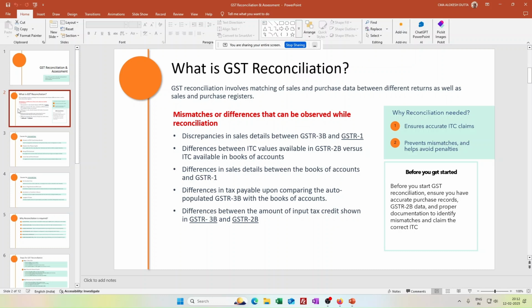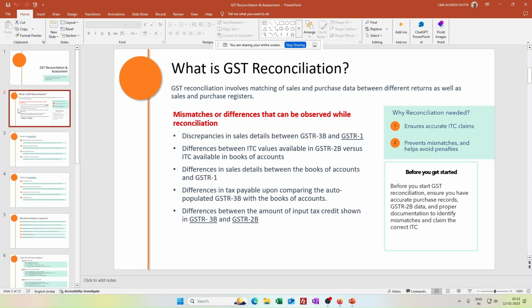Because you have received the purchase bill and booked ITC in your books of accounts, but that supplier has not uploaded his invoices. That is not reflected in 2B. That is the reason for differences between GSTR 2B and ITC as per books of accounts.